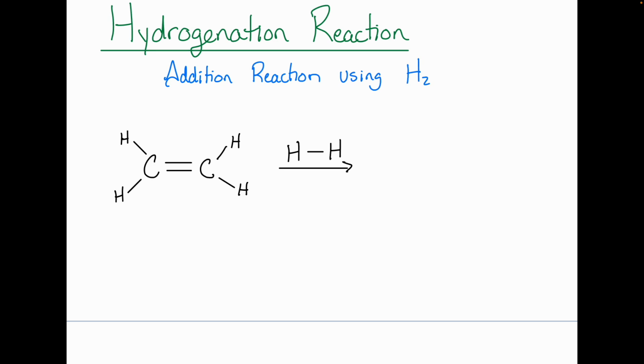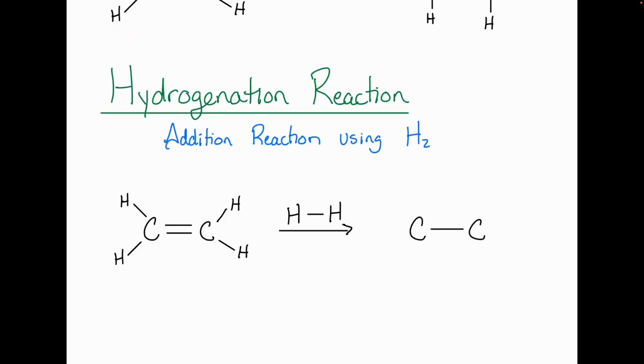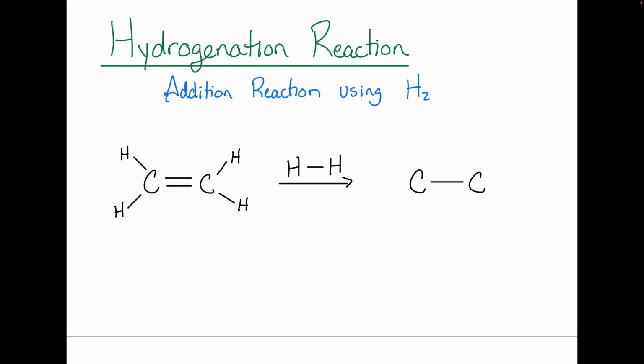All right, so first of all, what new functional group did you create here? You turned your alkene into what? Into an alkane, into only having carbon single bonds. All right, so again, I'm going to replace my carbon-carbon double bond with that carbon-carbon single bond, right? That's going to be true for all of our addition reactions.